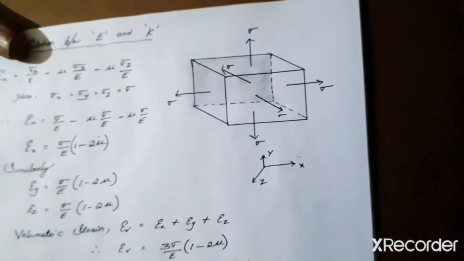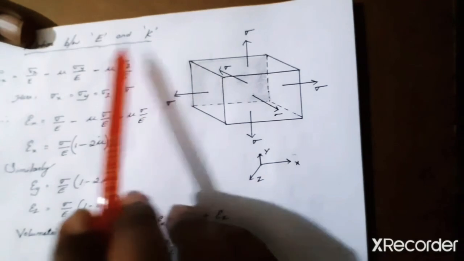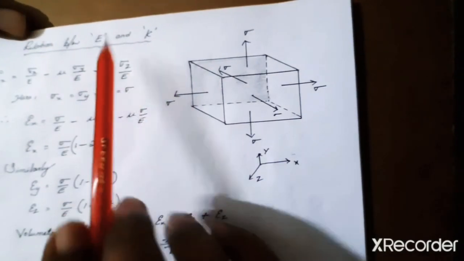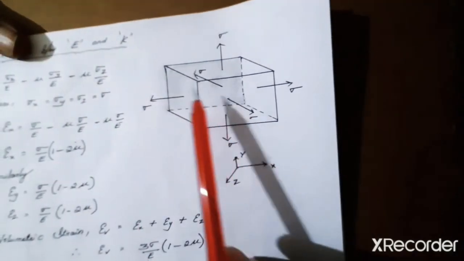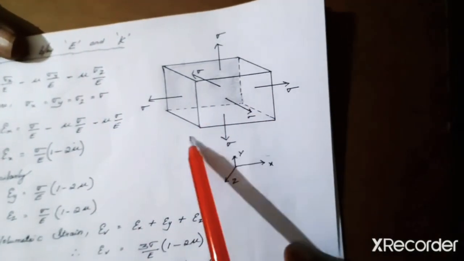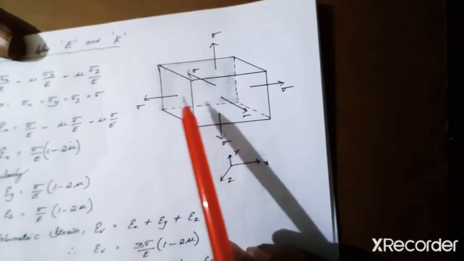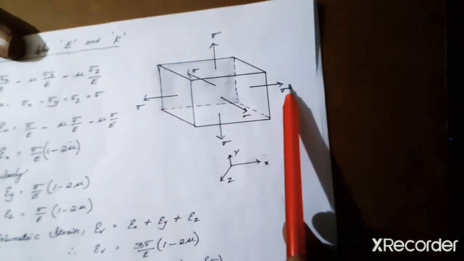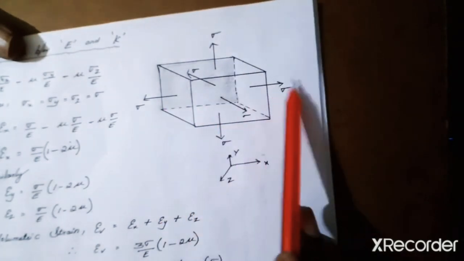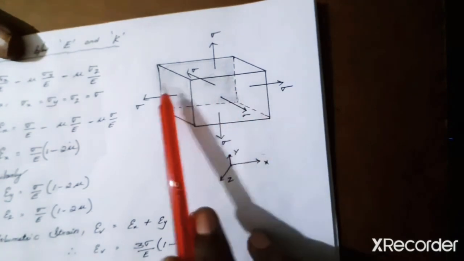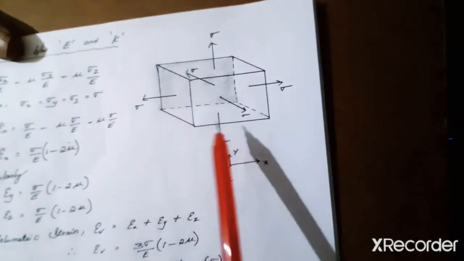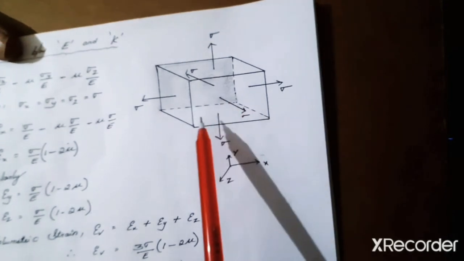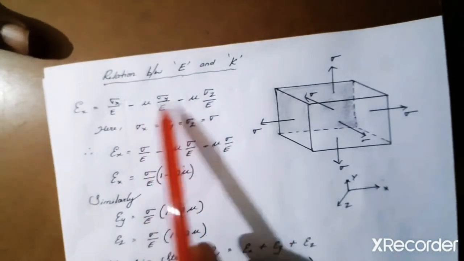In order to establish a relation between E and K, I have taken a body as shown in this figure. On each and every face, there is a normal stress of sigma, same value. So on the six sides, in x, y, z direction, a normal stress sigma is acting on the body.